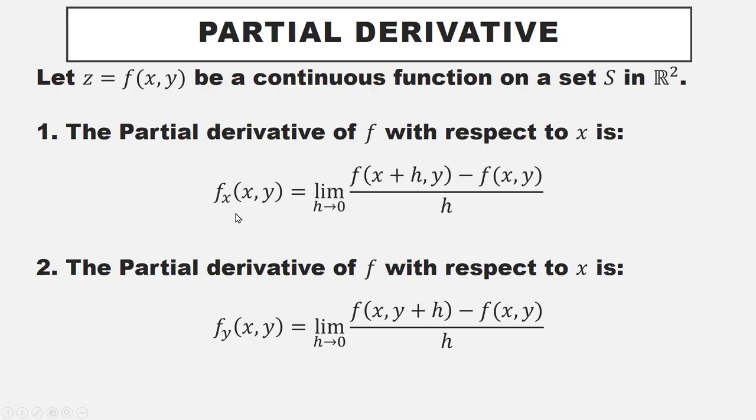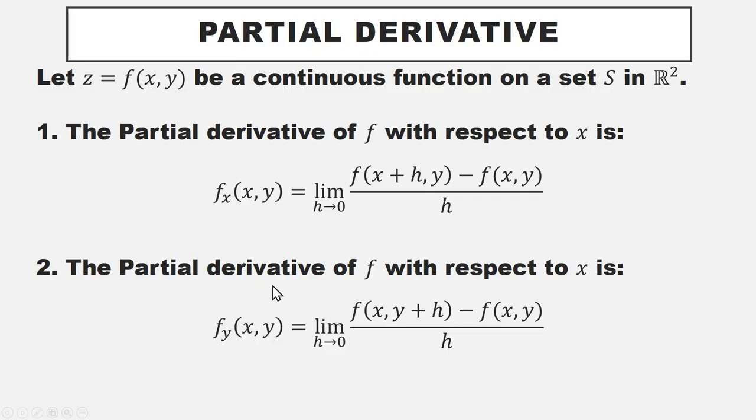Now, notationally, we cannot use the prime notation anymore, because that would be ambiguous as to which variable we're taking the partial derivative with respect to. So instead, we use this notation. F with a subscript x is the partial derivative of f with respect to x. We can do the same thing with y.